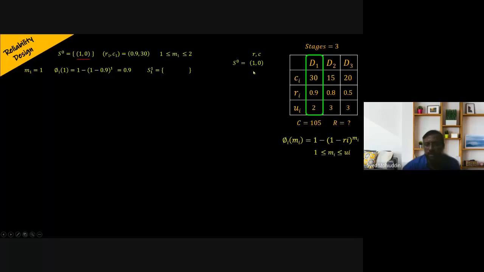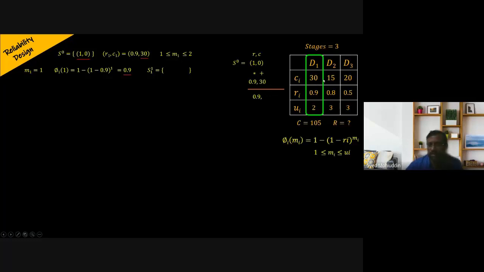So first thing is reliability. Remember in knapsack we added both the values. But here for reliability we are going to multiply, and the cost we are going to add. So the reliability is 0.9, and when we add R1 comma C1, the cost is added, which is nothing but 30.